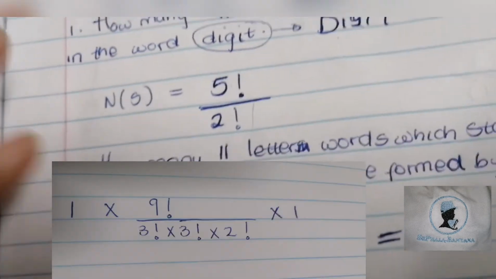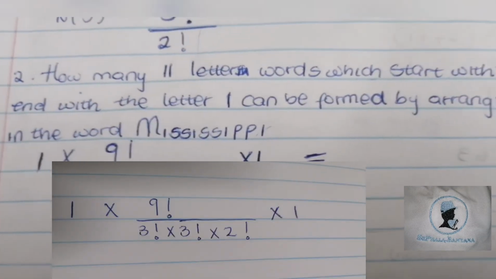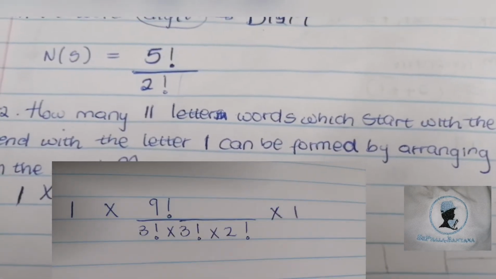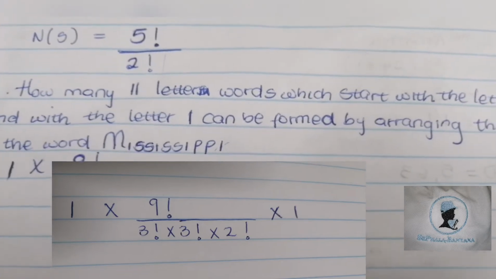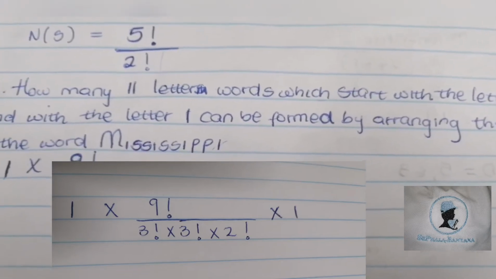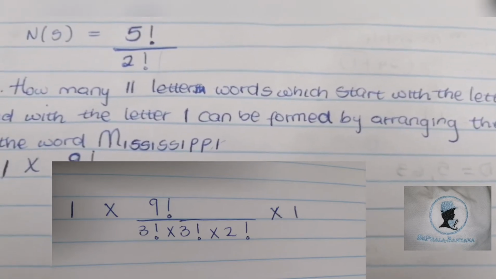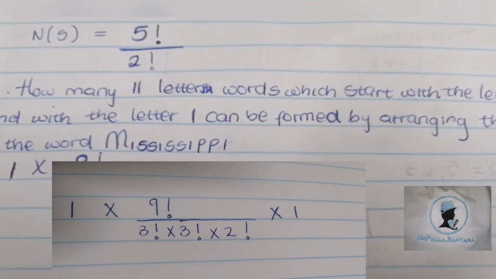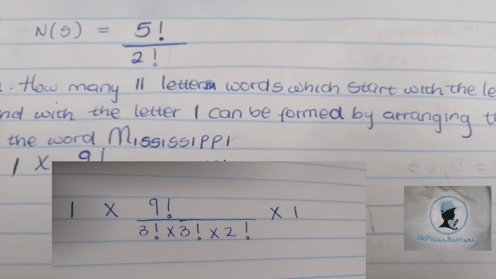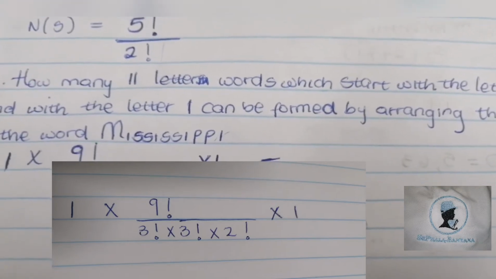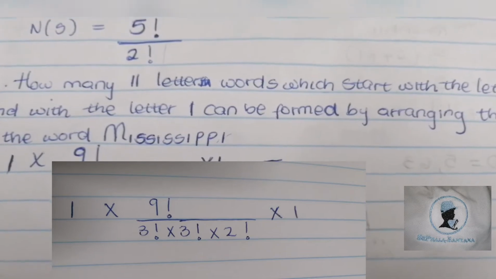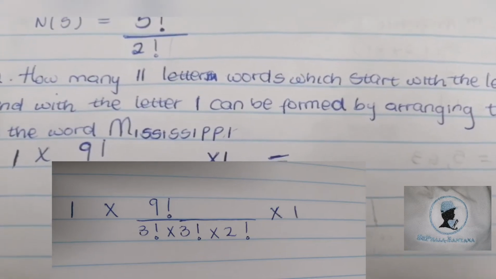Another example says: how many 11-letter words which start with the letter S and end with the letter I can be formed by varying the letters in the word Mississippi?